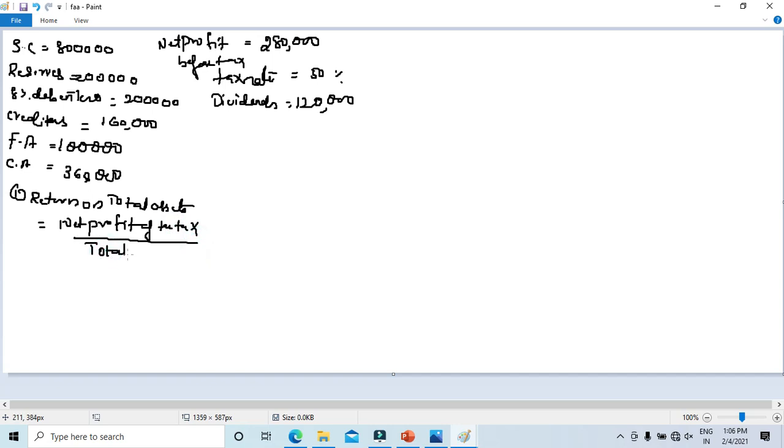Capital employed will be equity share capital, preference share capital, profit and loss, reserves and surplus, plus if at all any debentures are there, plus long-term loans, minus if at all any fictitious assets are there.